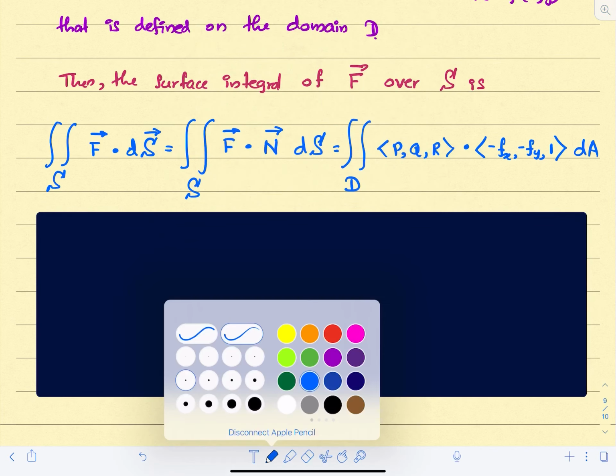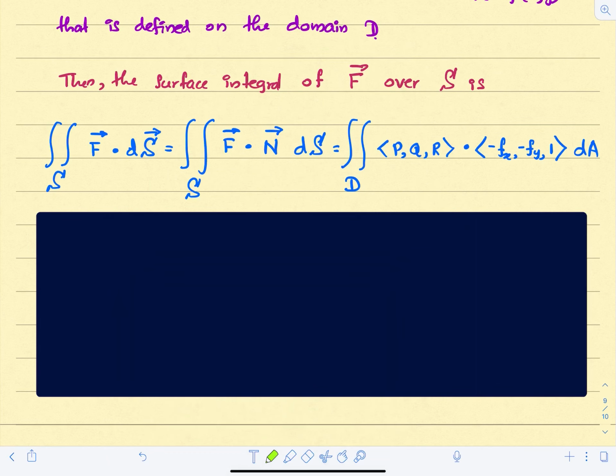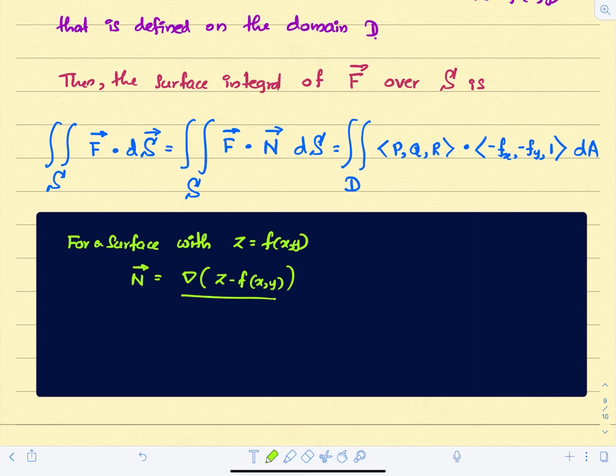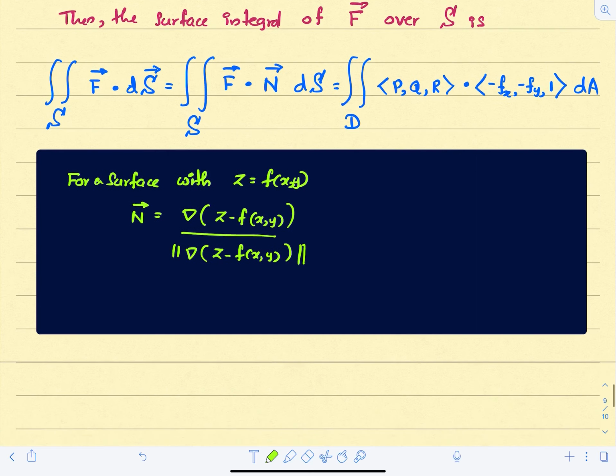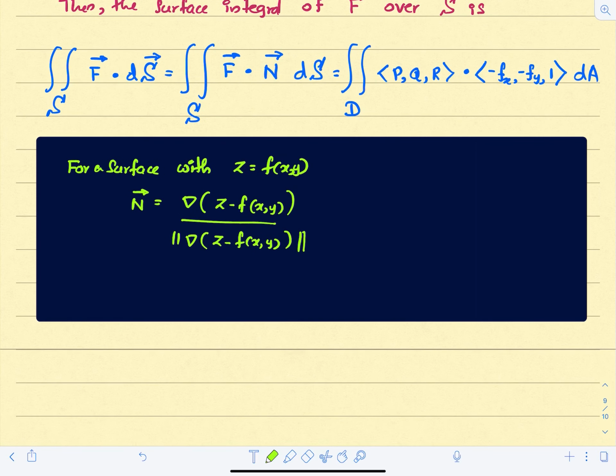So this is a side note. Okay, now if you have a surface with the equation z equals f of x comma y, the unit normal vector is given by the gradient of z minus f of x comma y over its magnitude. Actually, we learned this one in chapter 11.